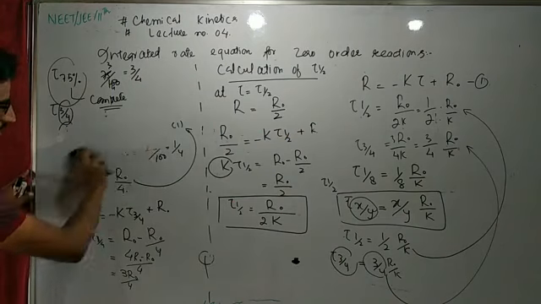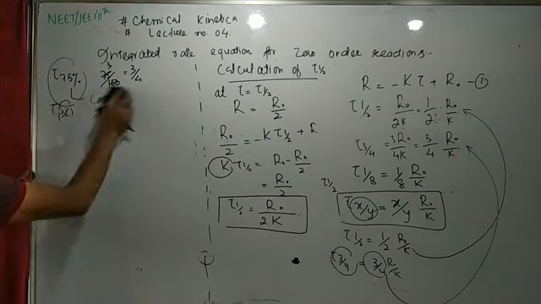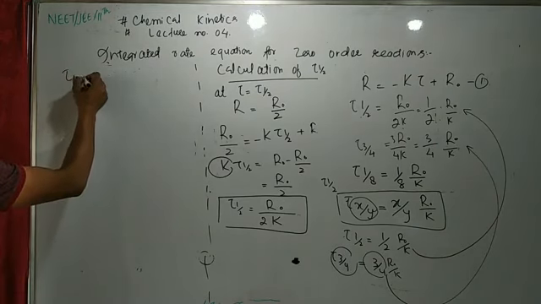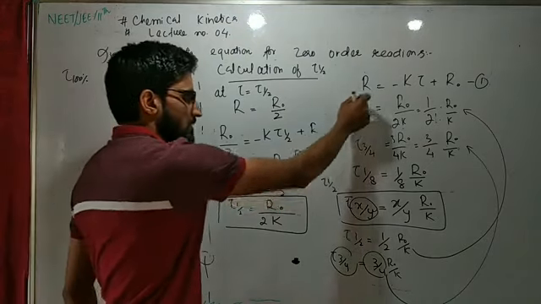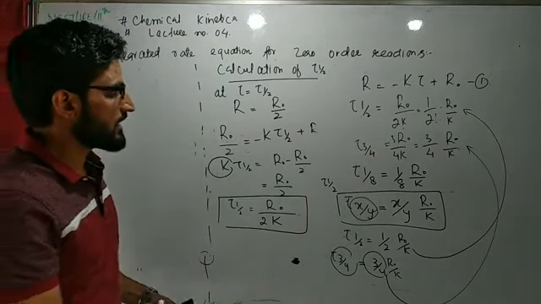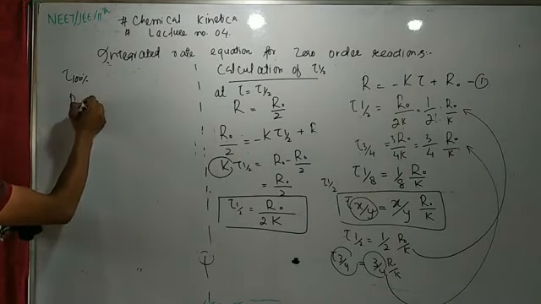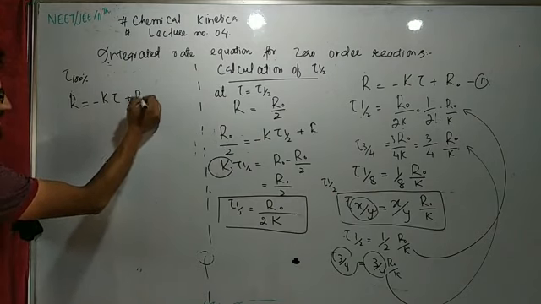Now the last point from this equation: T 100%. That means when the reaction is 100% complete, what will be the integrated rate equation for a zero order reaction? The general equation is R equal to minus KT plus R naught.